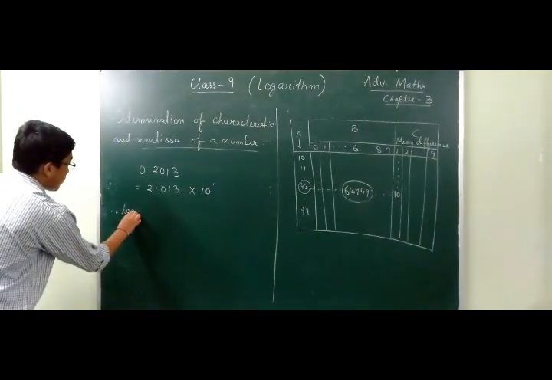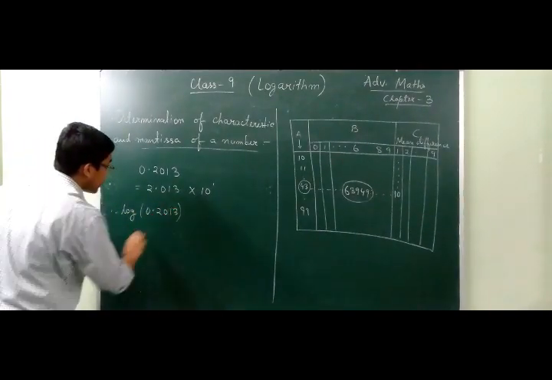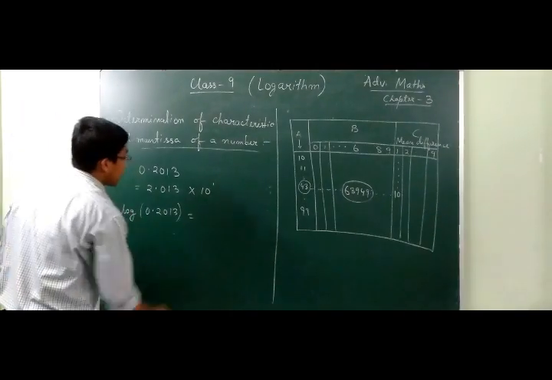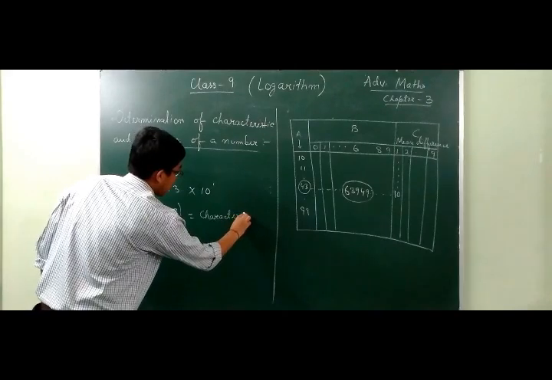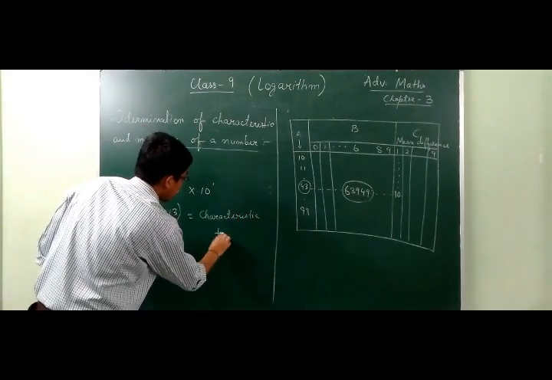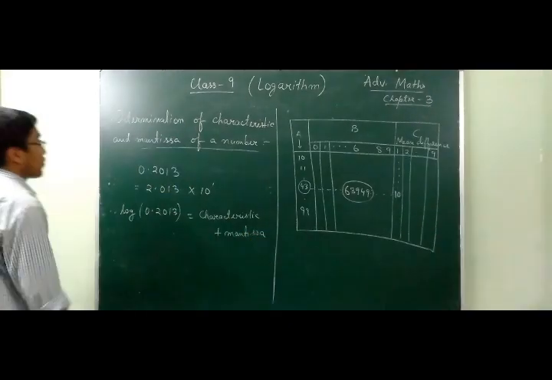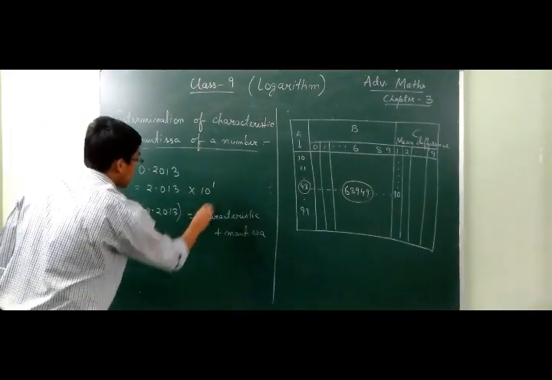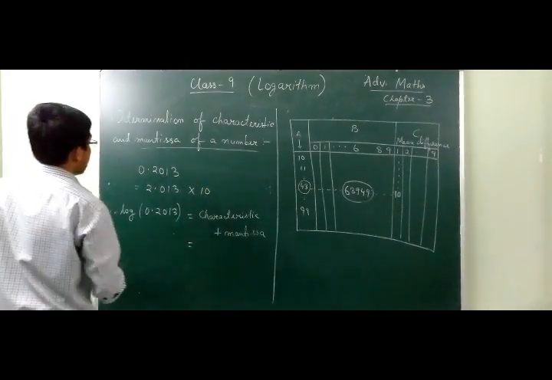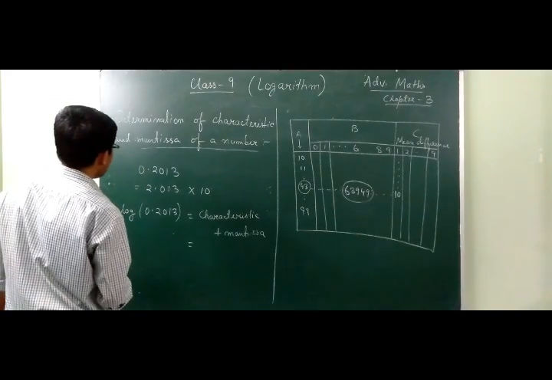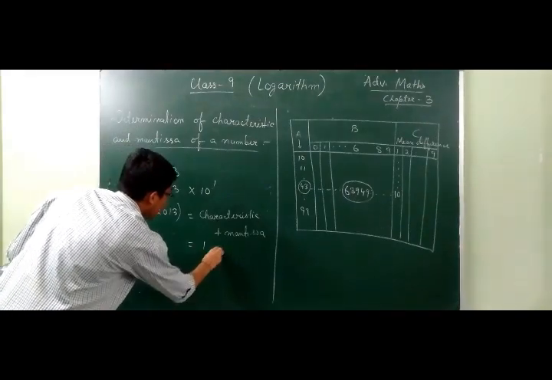Therefore, log of 0.2013 will be equal to the characteristic plus the mantissa. We know that the characteristic is, okay, this will be 1. So this is 1 plus.